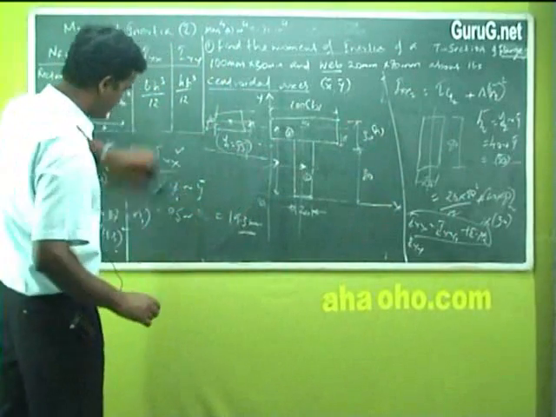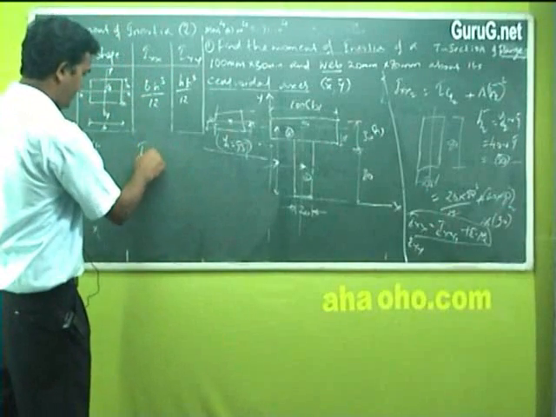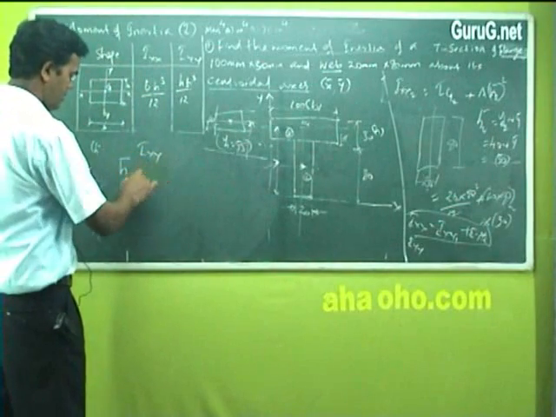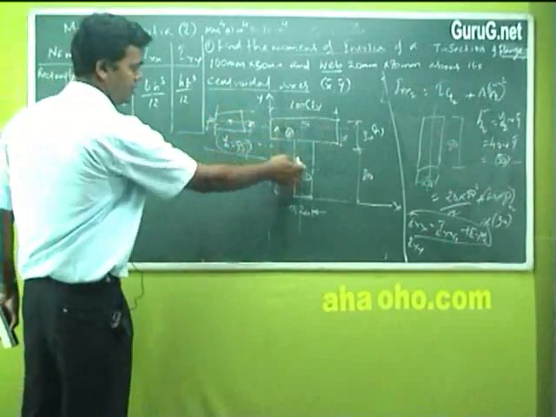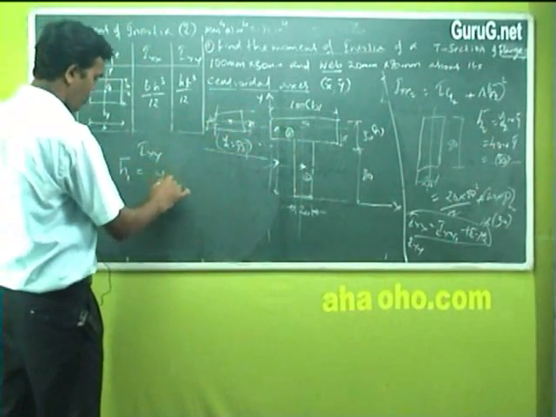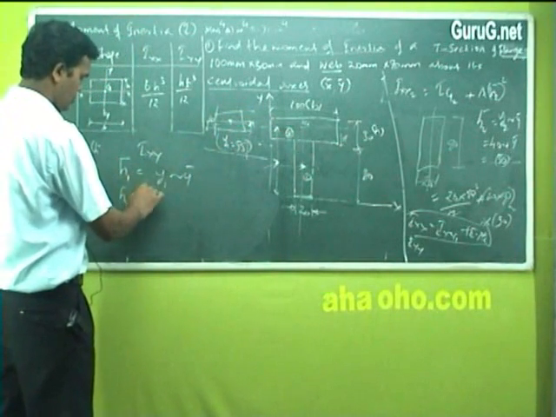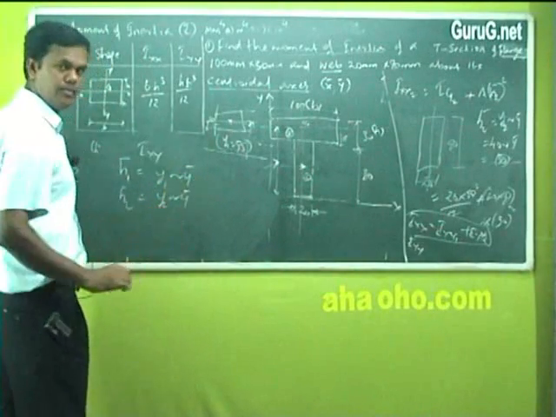See, this is for IXX. While finding IXX, your H bar values, suppose you have two portions like this or three portions like this, H1 bar values are Y1 difference Y bar. Suppose H2, two portions I'm writing, Y2 difference Y bar.